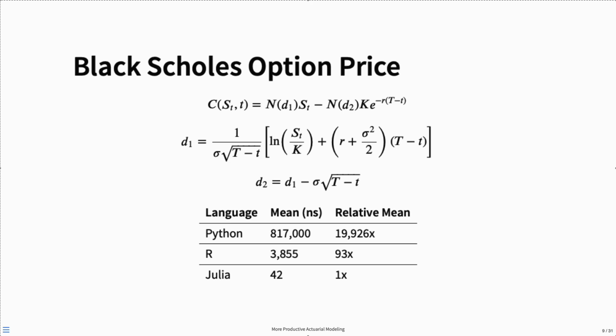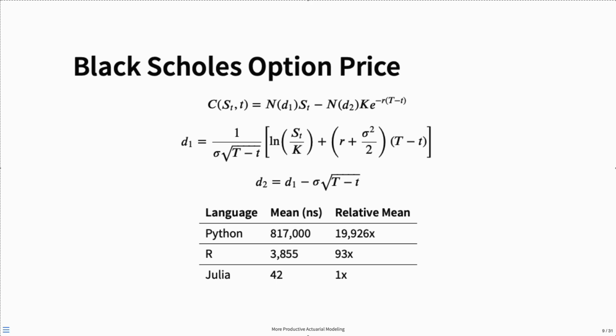One last benchmark is the Black-Scholes option price, where the task is to simply calculate the value of a call or put option using the Black-Scholes option formula.